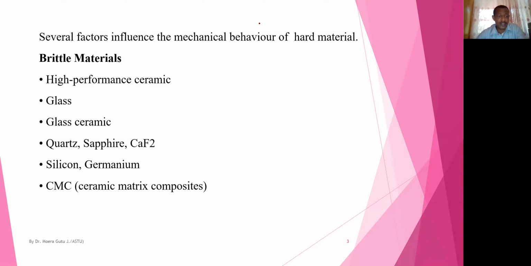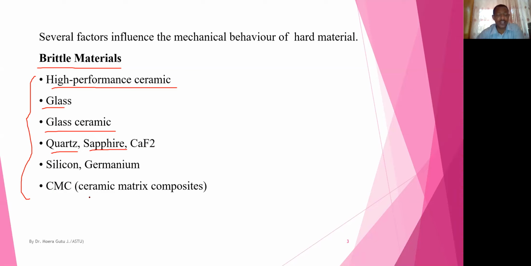The hard materials have some properties. High performance ceramics are brittle materials, as are glasses, glass ceramics, quartz, sapphire, and calcium fluoride. Also silicon, germanium, and ceramic matrix composites fall under brittle materials.